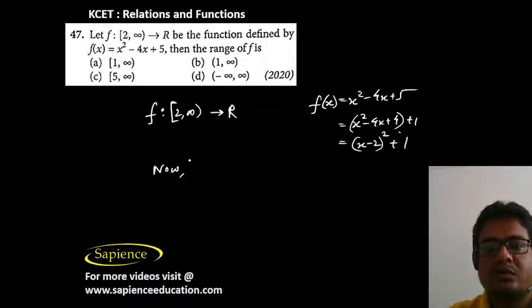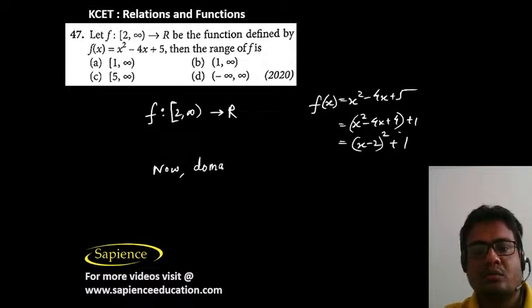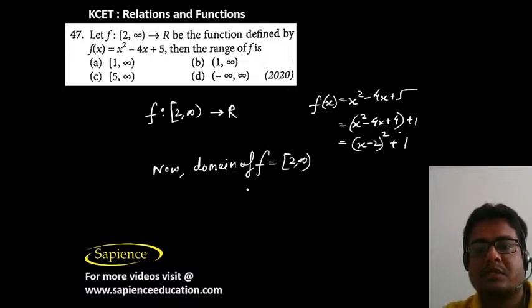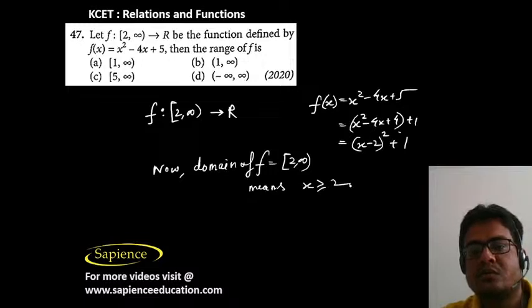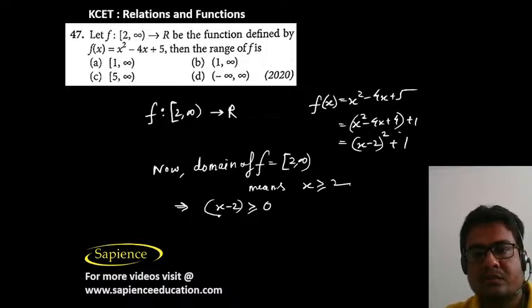Now f maps from 2 to infinity. It means that the domain of the function f is 2 to infinity, so x should be greater than or equal to 2. Then x minus 2 is greater than or equal to 0, so x minus 2 whole square also will be greater than or equal to 0.